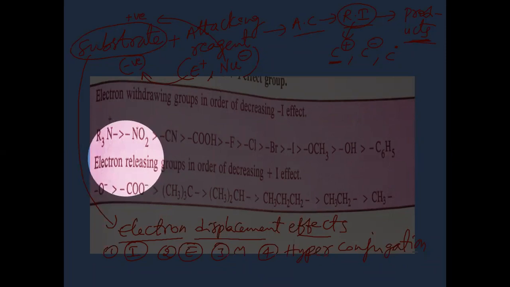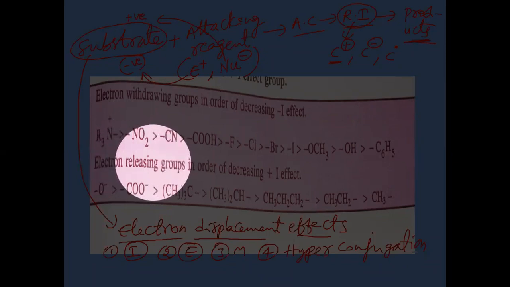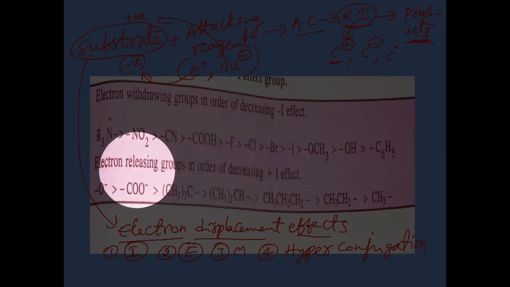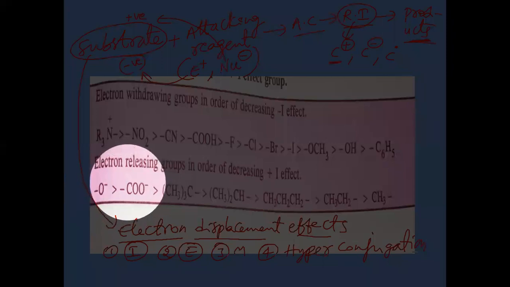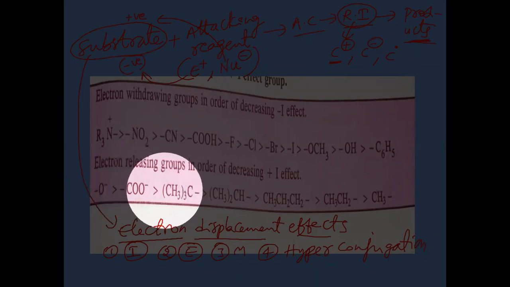And next, electron donating. Electron releasing means electron donating groups. These electron donating groups are in the order of decreasing plus I effect. Plus I effect means positive inductive effect. The positive inductive effect will be highest for the O minus ion, greater than the COO minus ion, greater than the tertiary alkyl group.